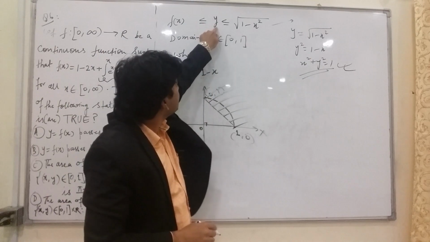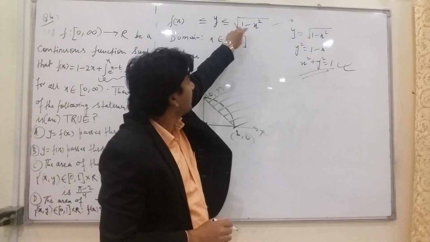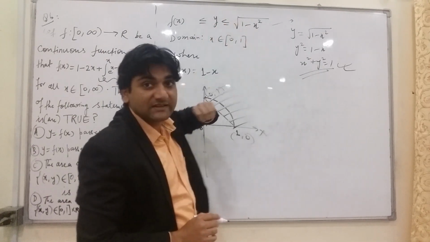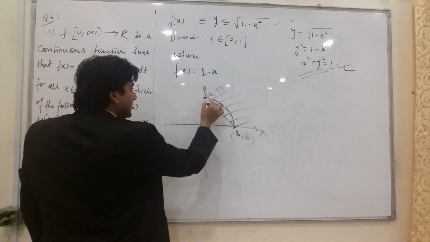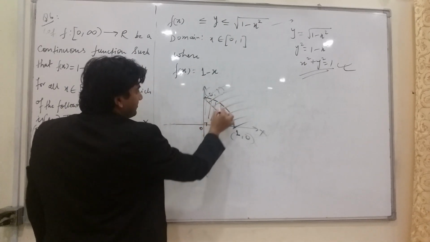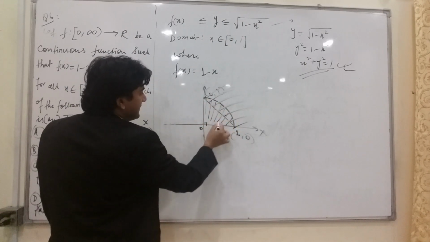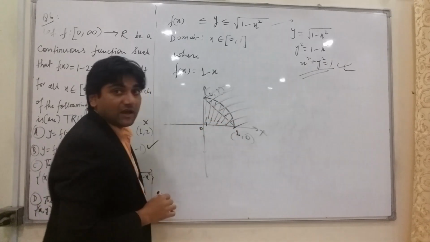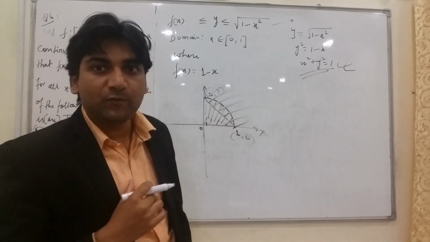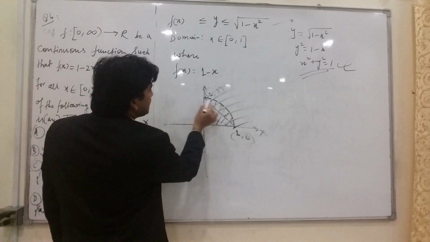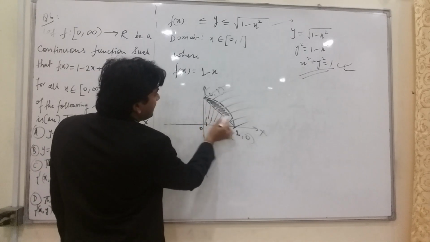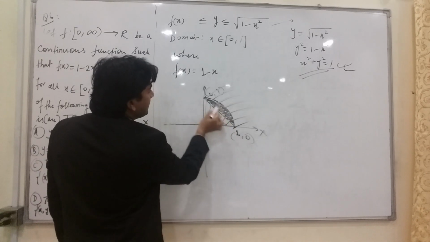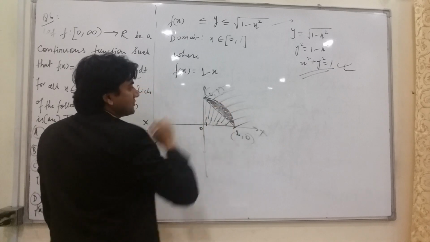But this y is smaller than this circle, I mean less than or equal to root 1 minus x square. So smaller than this, it means inside of this. Now, what is the common portion? Common portion is this, only this one. So we need to find the area of this portion.